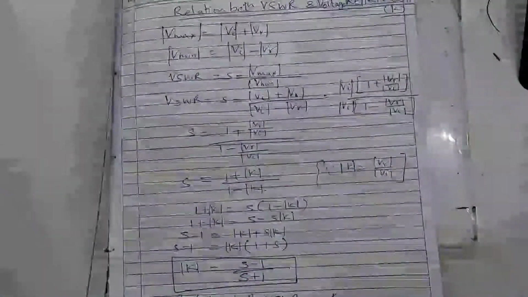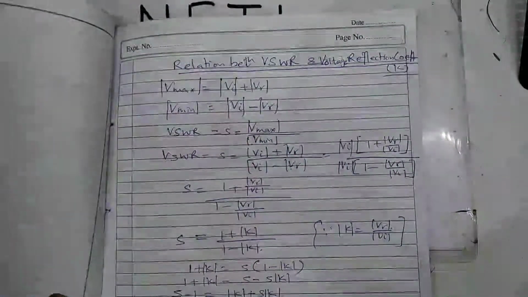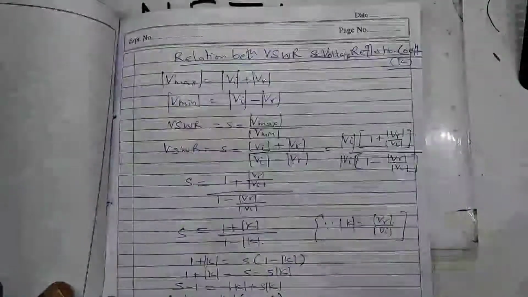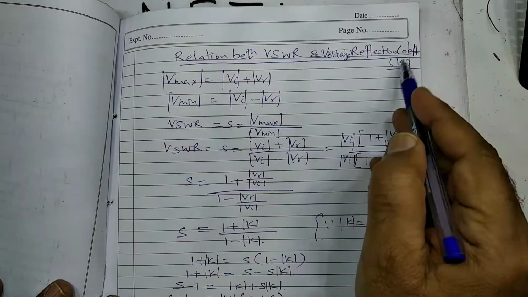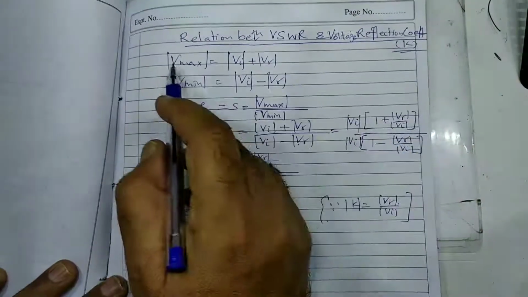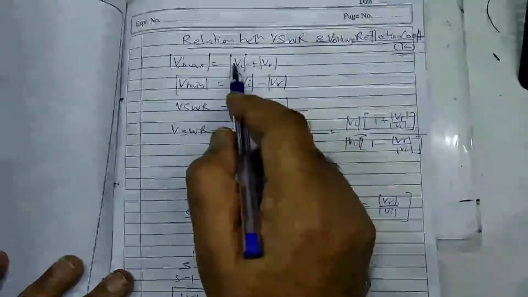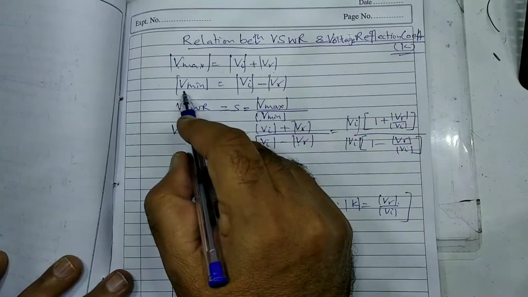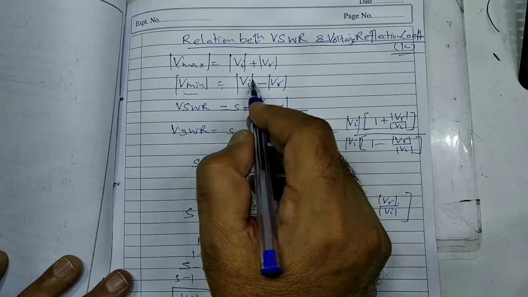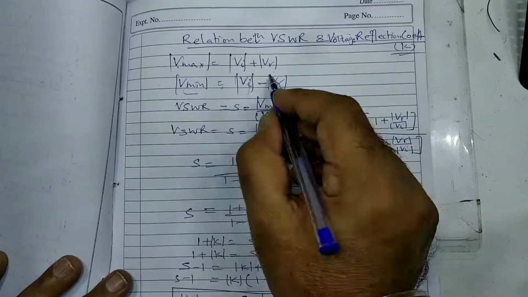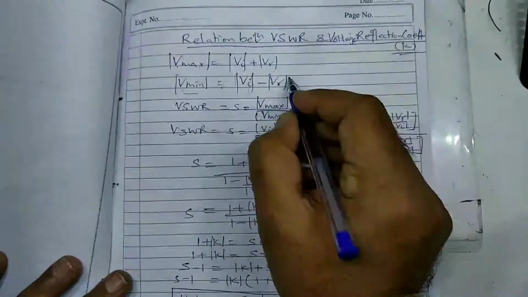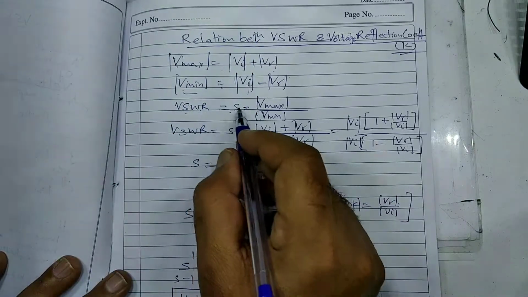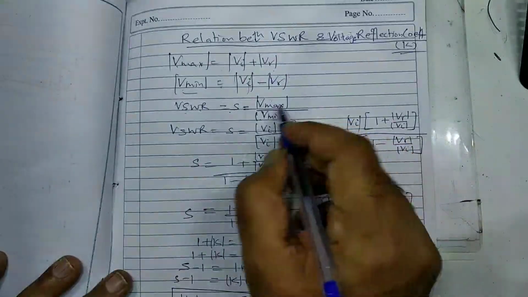Now let us see the relation between VSWR and voltage reflection coefficient K. Vmax magnitude is equal to Vi magnitude plus Vr magnitude. Vmin is equal to Vi magnitude minus magnitude of Vr. So VSWR is equal to S, Vmax upon Vmin amplitude.